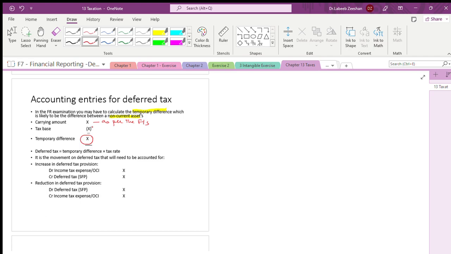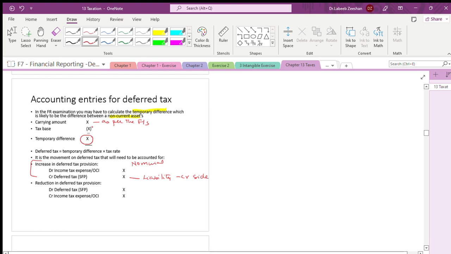Now, the most important thing is how we have to account for it. As per the nominal account, what happens? You debit all expenses and losses, and tax is a liability. The moment we are talking about a liability, it should be on the credit side.